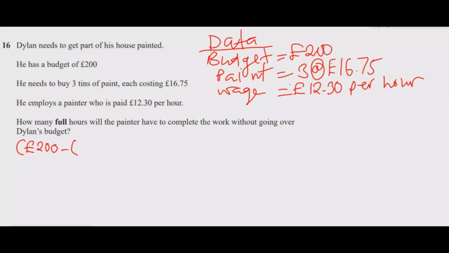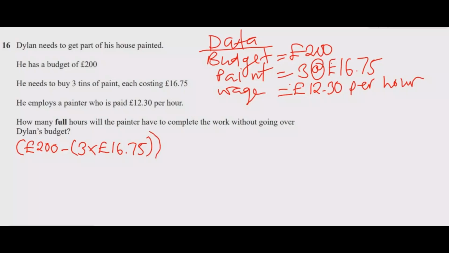So we subtract the cost of paint. He wants to buy 3 tins, and each tin is sold at £16.75. Close the bracket. Then we close the second time.